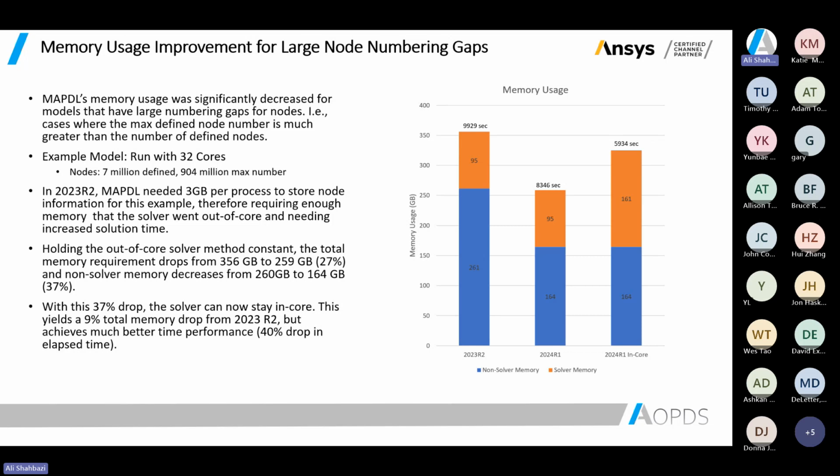And if you don't have enough RAM, then Ansys needs to write some of that information in your storage. So as you can see here, the memory requirement decreased where we have large node numbering gaps, and that helps a lot with the speed of your solve.